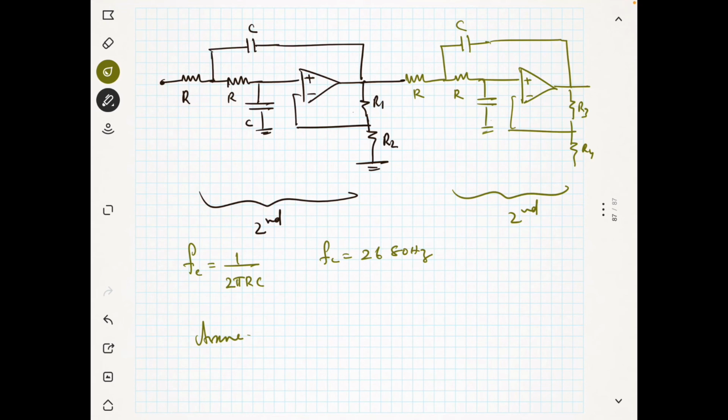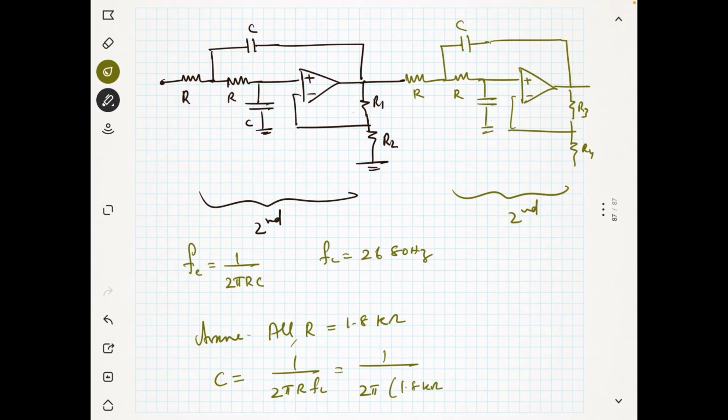Let me check the assumption. Yeah, I assume that all resistors R take the value 1.8 kilo ohm. Then I can find C equal to 1 by 2 pi R into FC, that is nothing but 1 by 2 pi, 1.8 kilo ohm, into 2680 hertz.